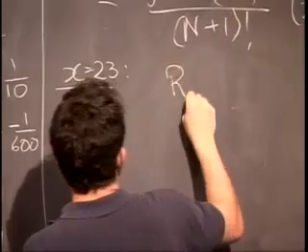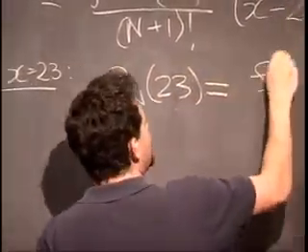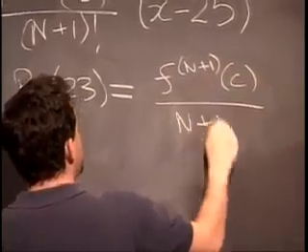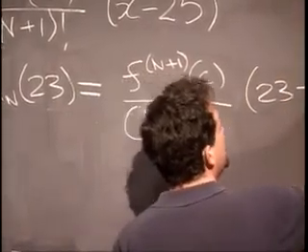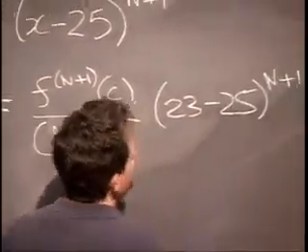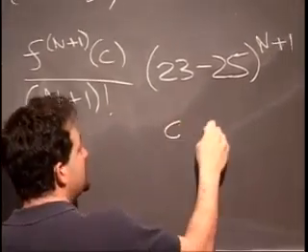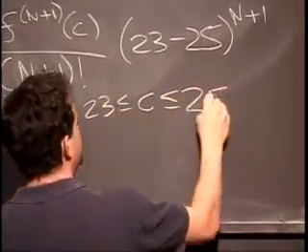So we have Rn of 23 is, again, the n plus 1th derivative at c over n plus 1 factorial times 23 minus 25 to the n plus 1. And again, c is between x and a. So here, c is between x, which is 23, and 25, which is a.